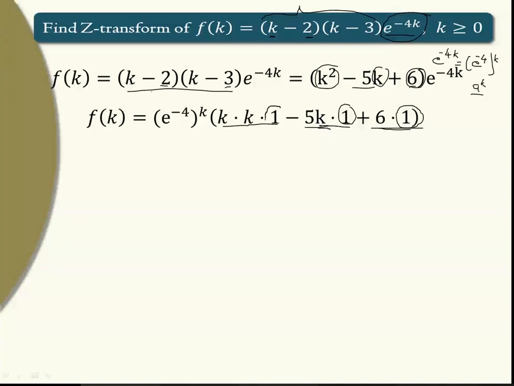Then use it one more time. And at the end use the a raised to k into f of k property, taking all this function as f of k, and we get the answer.